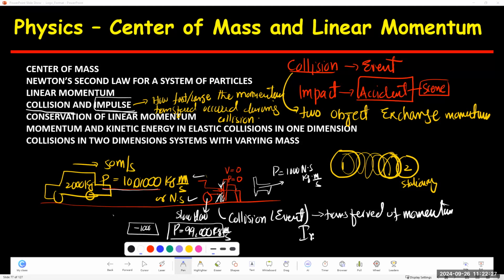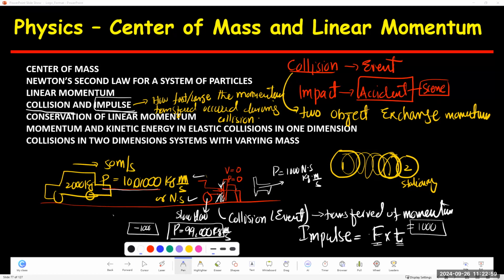Impulse equals force times time: how hard you hit this chair and how much time it takes, how long it is in touch, and after that the chair is flying. If you multiply those two, they should be equal to 1,000.